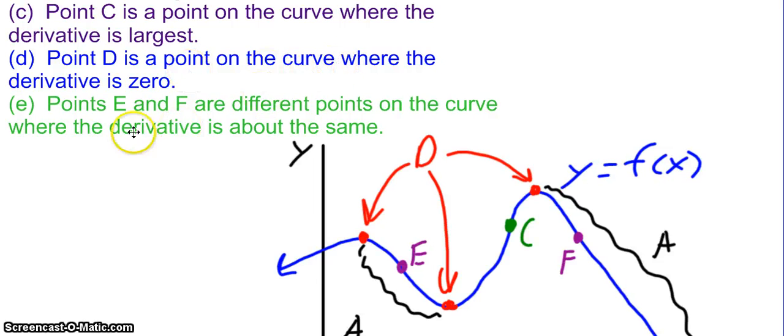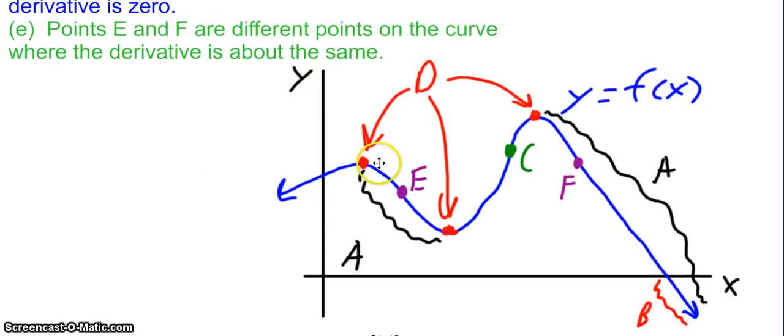Point D is a point on the curve where the derivative is 0. So that's any of these 3 points, because the derivative is going to be 0 when the curve has a relative maximum or minimum, because the horizontal tangent line will be there. And points E and F are points on the curve where the derivative is about the same. So if the derivative is about the same, then what we're looking for is the slope of the function to be parallel or the same.